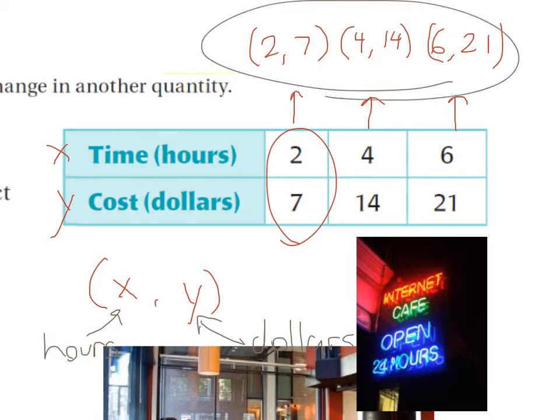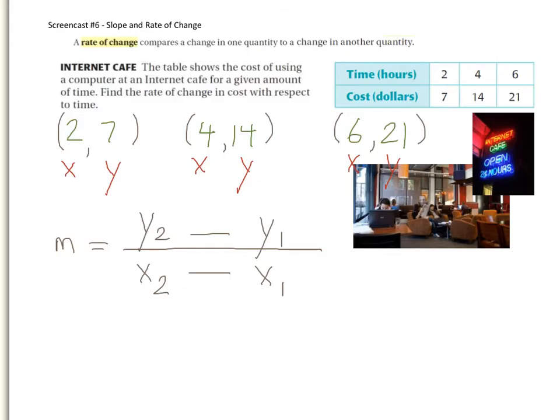Now, you might remember from class we said in order to calculate slope, aka rate of change, you need only 2 points, but yet we have 3. That's fine. How do we handle that? Let's find out. Just keep something in mind.